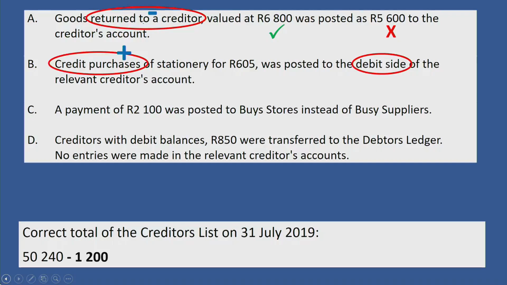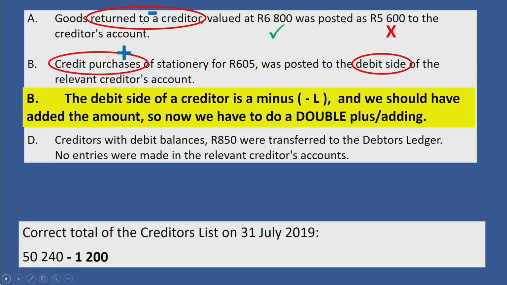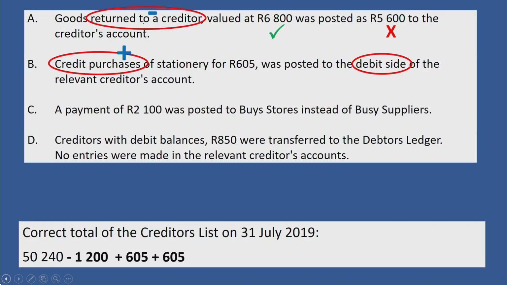You will see here, I said in the yellow block, the debit side of a creditor is a minus under liability, and we should have added the amount. So now we have to do a double plus, as I explained. The first 605 is to cancel the first minus, and the second 605 is to do the actual plus because we purchased.